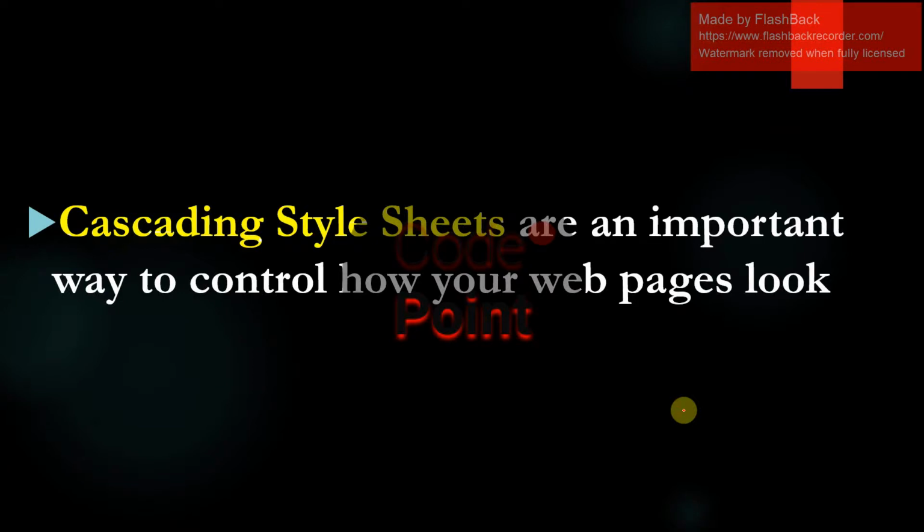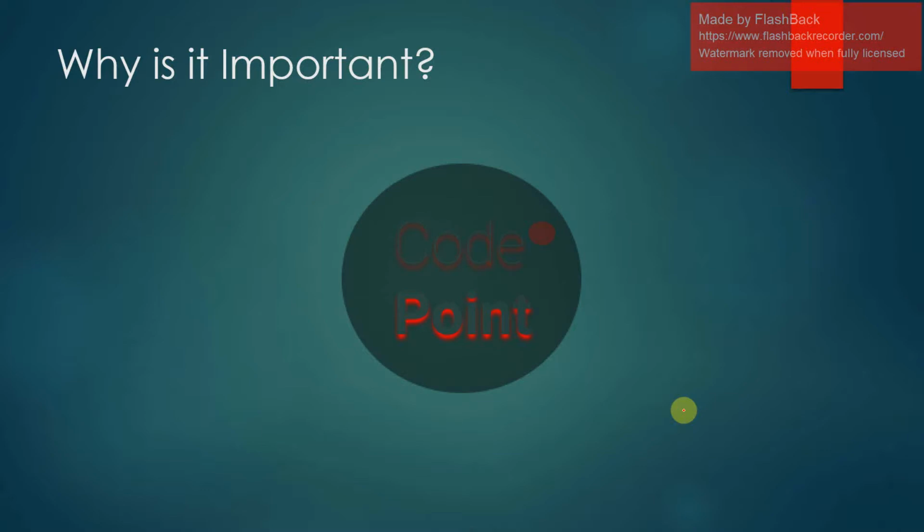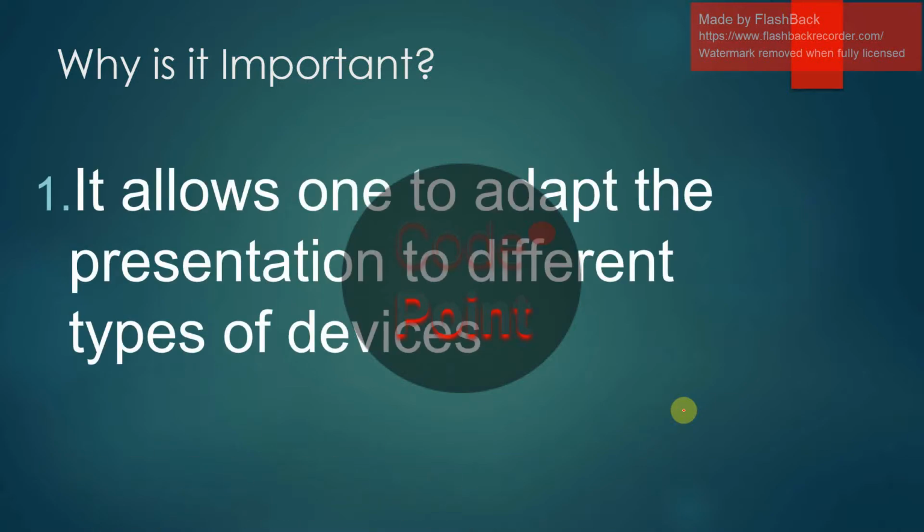And, yep, so why is it important? Now, one point I have to tell you is the major point. It allows one to adapt the presentation to different types of devices. Now, what I mean by that is, for example, someone is using a phone, they don't have a laptop, and they are going to go to a website.